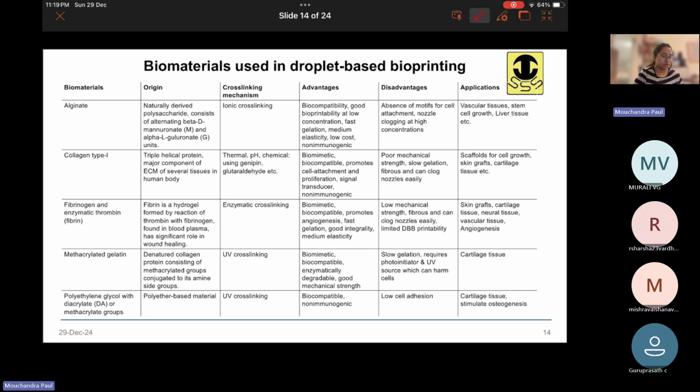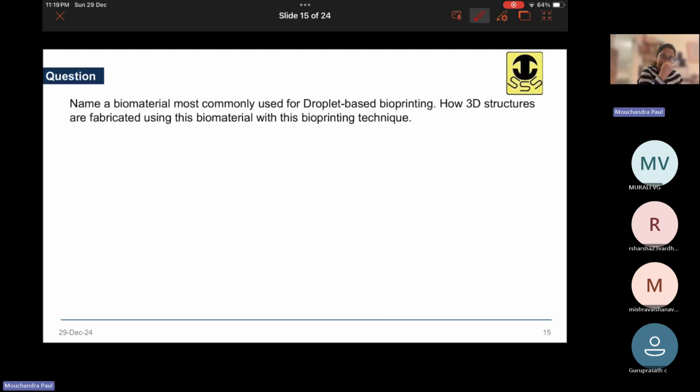Okay, fine. But actually, alginate is most frequently used. That's fine. Methacrylated gelatin can also be used. It's totally fine. Now, can you explain how you can do droplet-based bioprinting with methacrylated gelatin to create a 3D structure?